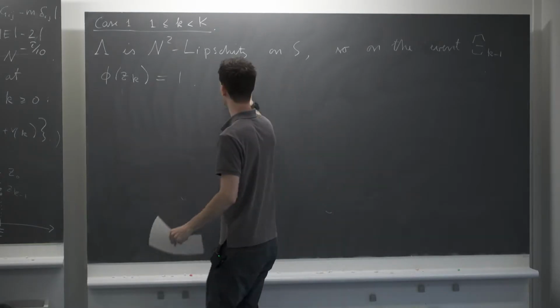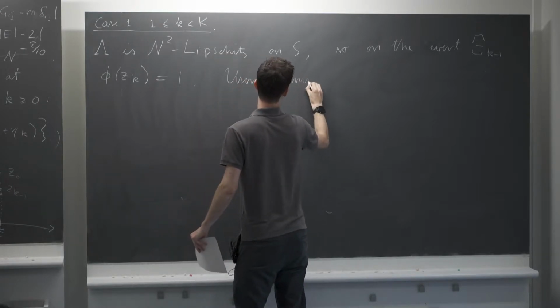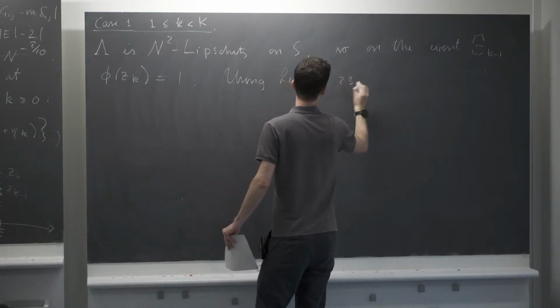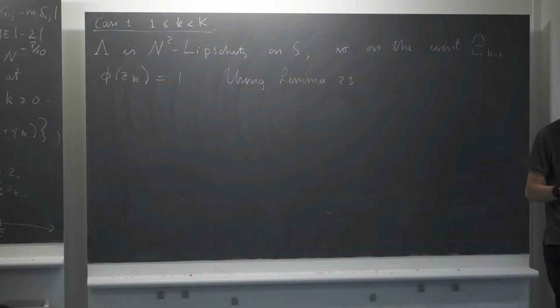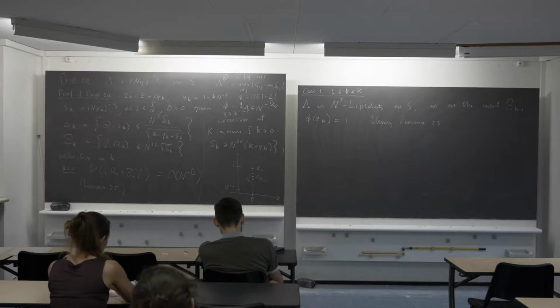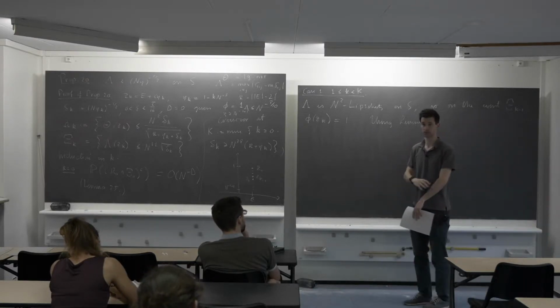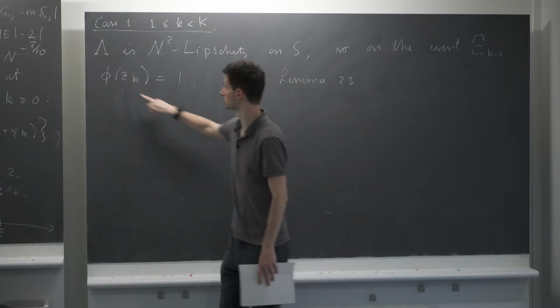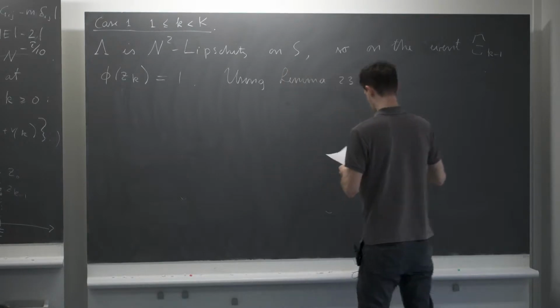Okay, so now we use lemma 23, which were these estimates on our various quantities y and lambda star and so on. And there were two possible assumptions in lemma 23. One was that eta was bigger than or equal to 1, and the other one was that phi is equal to 1. So let's use now this assumption.